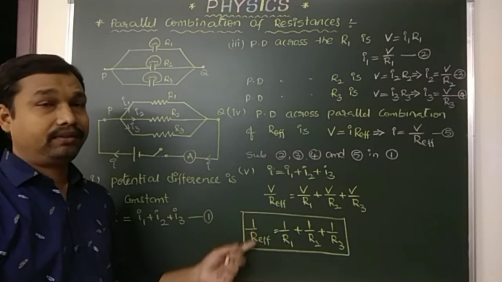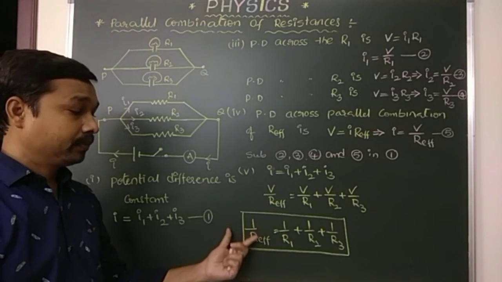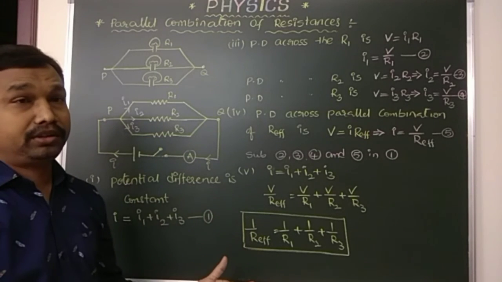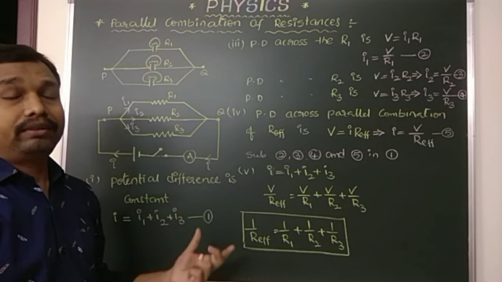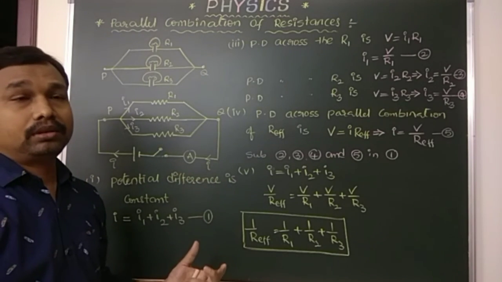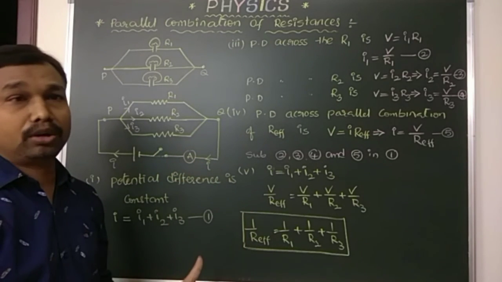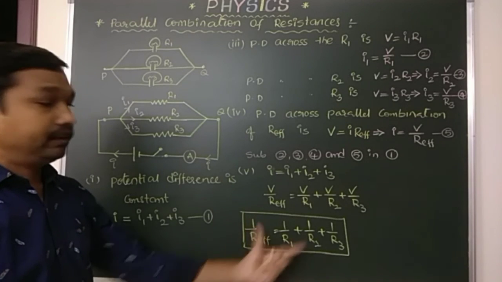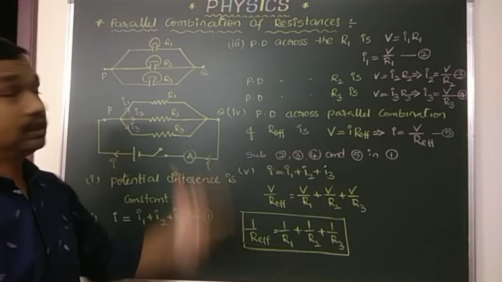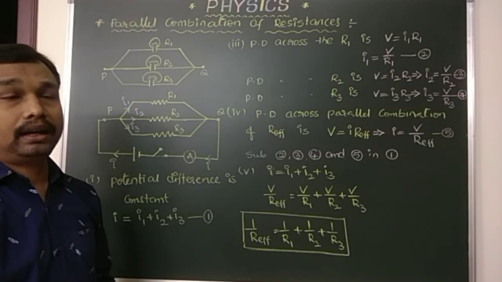The reciprocal of the effective resistance is equal to the sum of the reciprocals of the individual resistances connected in parallel combination. This gives you the formula for resistances connected in parallel.